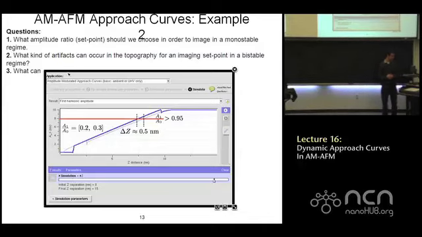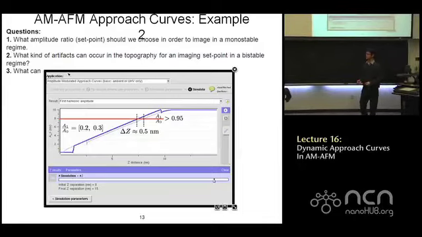Okay? And the final question is, what can we do to reduce the bistable regime? If we're stuck with the cantilever we have and have to take an image of the sample that we have, we can't change anything there, but what we can do is increase the amplitude. You notice in this example, there's a very large bistable regime.